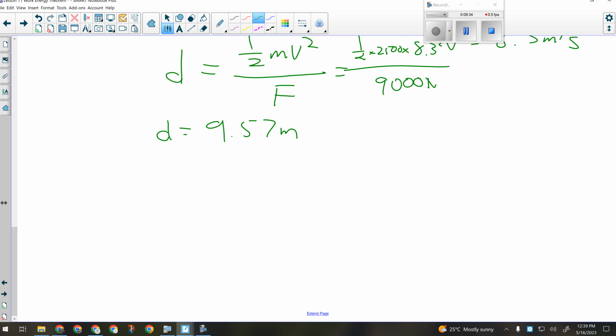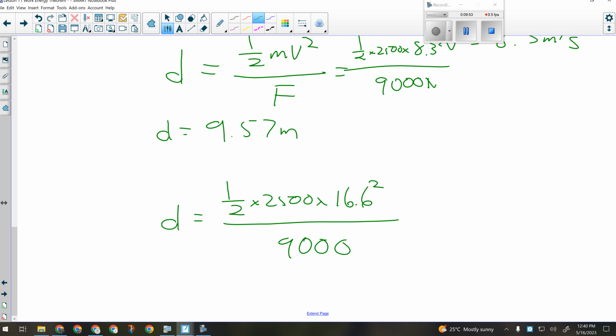If I do that exact same calculation for someone going twice the speed limit, so we'll have 1/2 times the same mass, same vehicle, but now going 16.6, that's 60 kilometers per hour, divided by same amount of force. These numbers don't change.